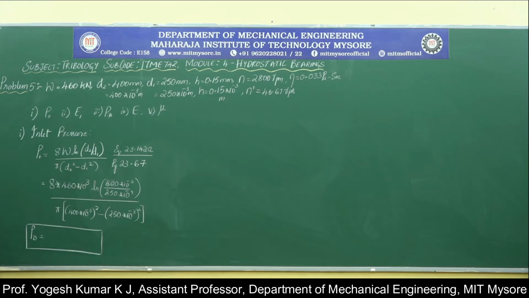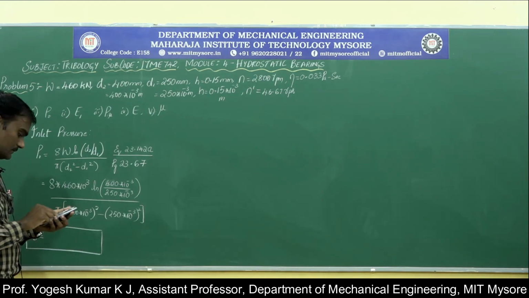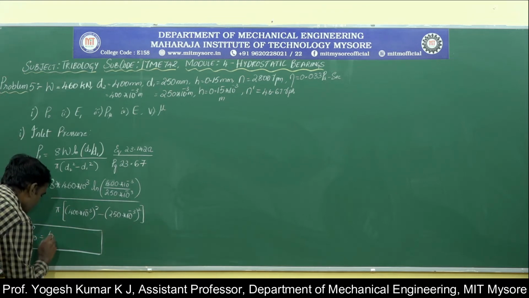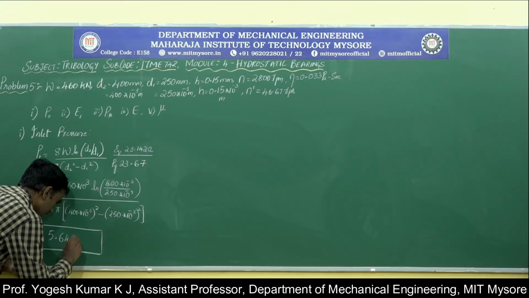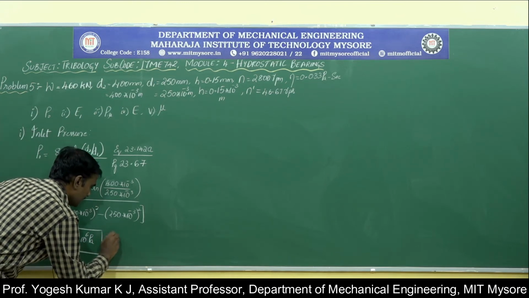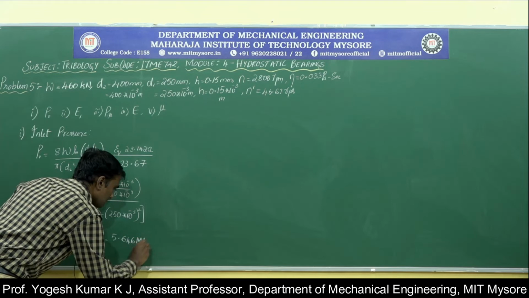On calculation, we get 5.646 into 10 power 6 Pascal, or 5.646 megapascal.